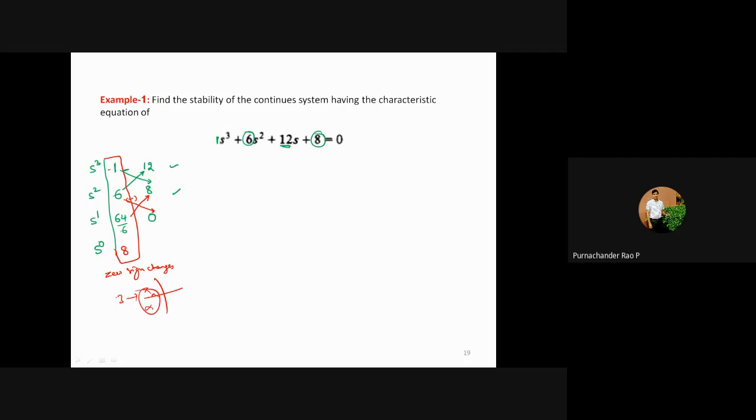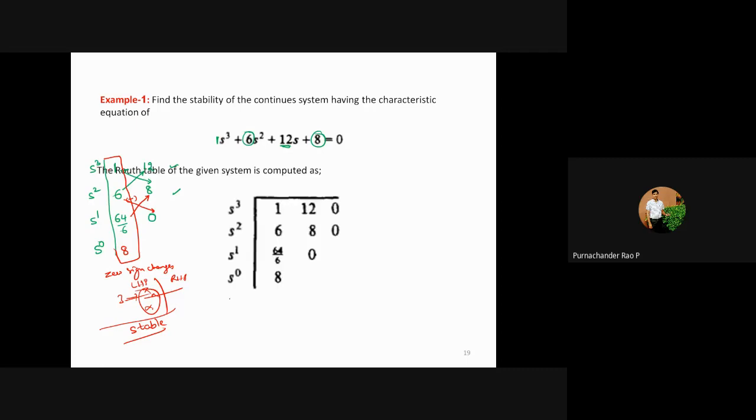The major disadvantage is that we cannot find the exact position of these roots on the left half or right half of the s plane. But we can see how many roots are located on the left half of the plane and how many roots are present in the right half of the plane. With the help of this you can say whether the system is stable or unstable.